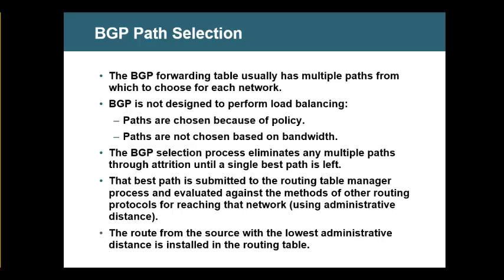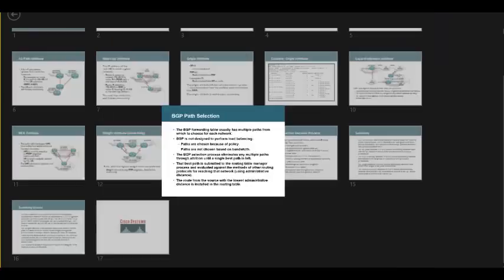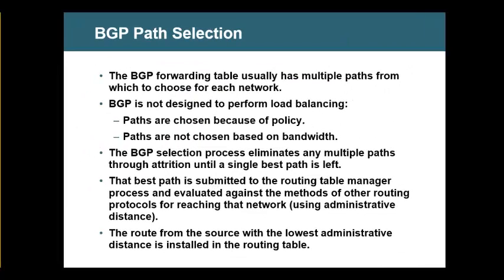No. Sorry. BGP is not designed to perform any load balancing. Even if you have two paths with same autonomous system hops, same weight, same local preference, same everything, BGP will not do load balancing.